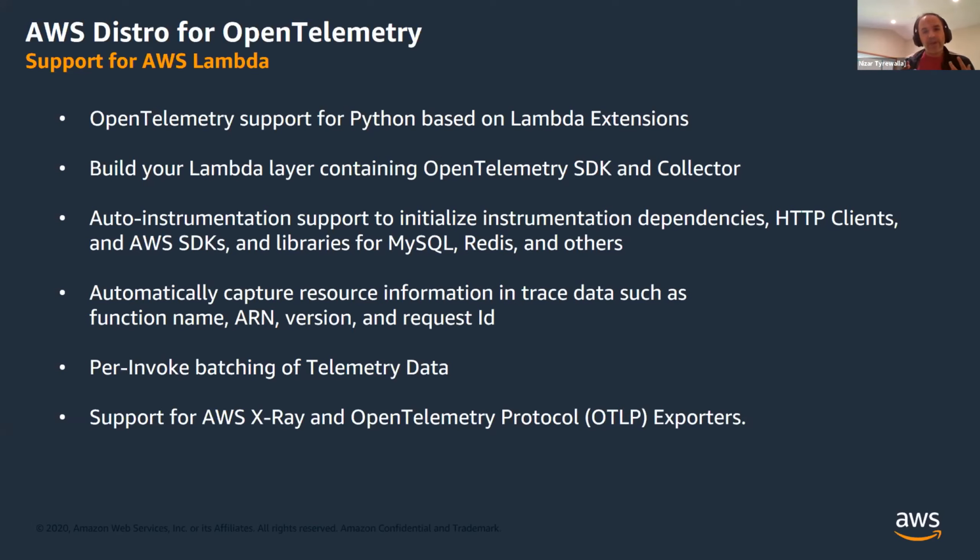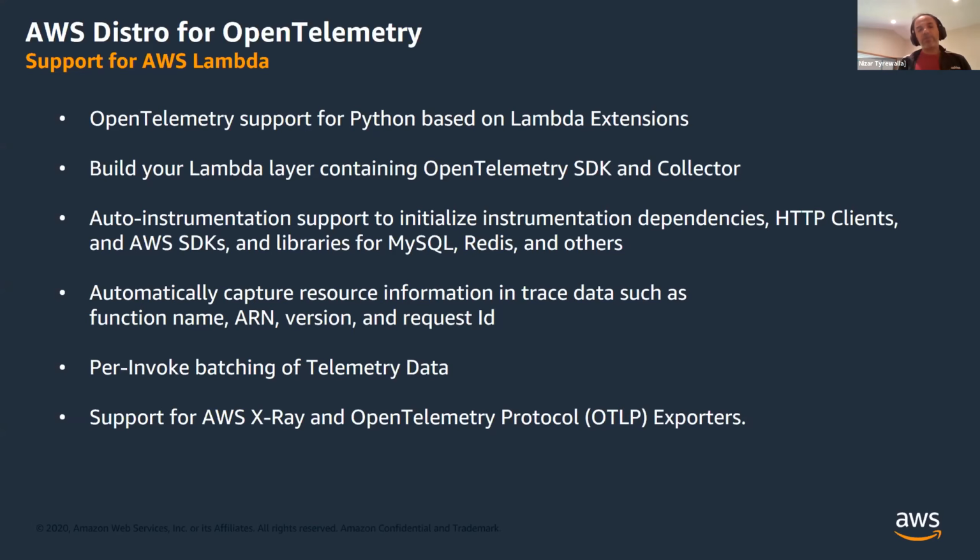Also, as part of the support, we have enhanced the instrumentation libraries to support AWS SDKs, so that when you're making an AWS call from your Lambda function, for example inserting an item in a DynamoDB table, calling an API gateway API, or inserting a message in an SQS queue, automatically those calls get instrumented without you doing any manual instrumentation or changing your instrumentation code.